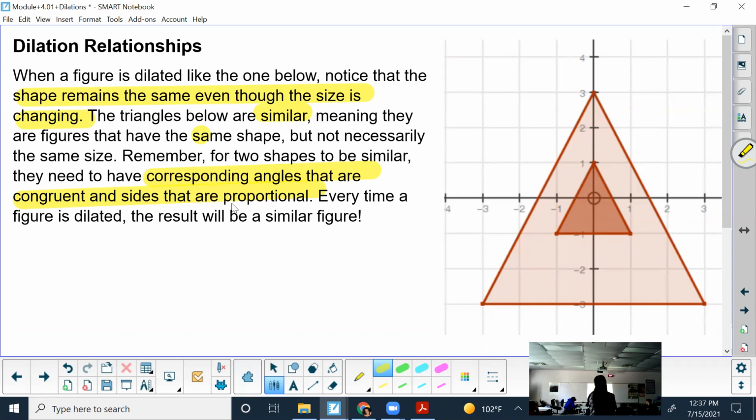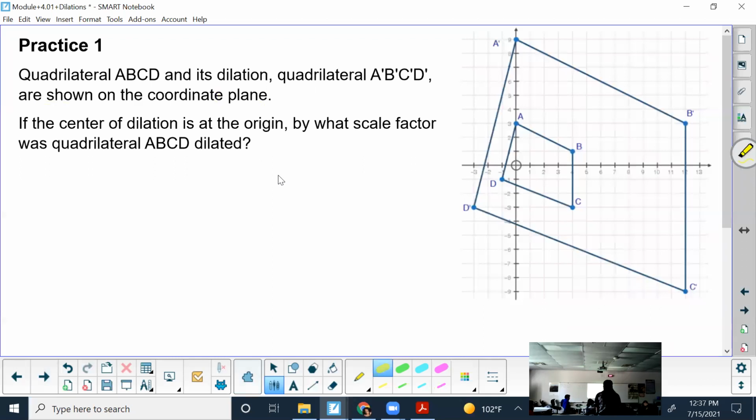Similar shapes have the same angle measures, but different side lengths that are proportional to the original.